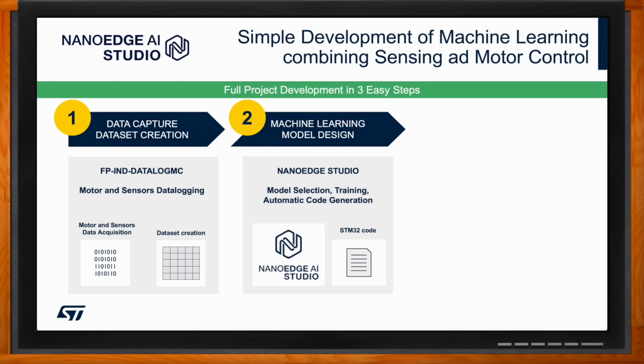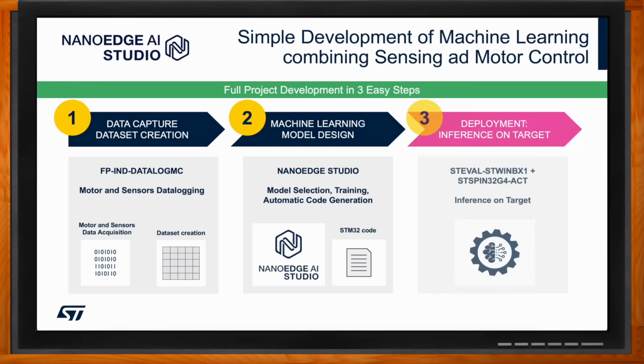And one of the real perks is that because you're using the tools and the ecosystem all the way through, deployment is absolutely seamless. The library you get at the end of this process, you can play with it, you can implement it on different platforms, but you can also just click and drag it into your project, in that case on the STWIN.box.